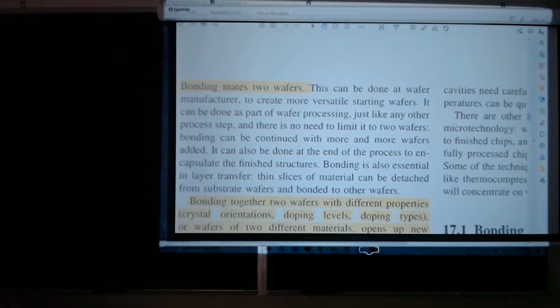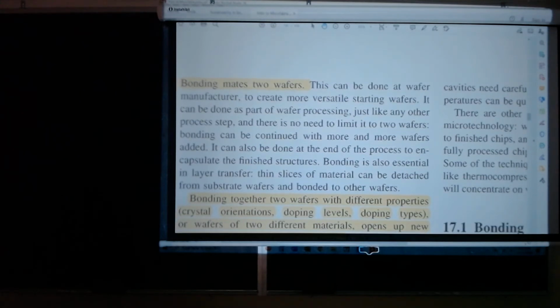And so if you bond at the wafer level, you may have to saw through a two-wafer bonded assembly, and that could lead to some difficulties. And so I think more of the time you are actually bonding chips, because it's so difficult to perform sawing or dicing of wafers into chips when they're already in assembly.